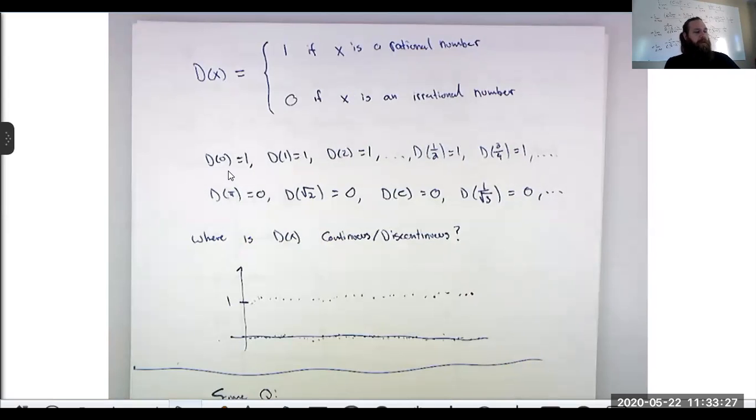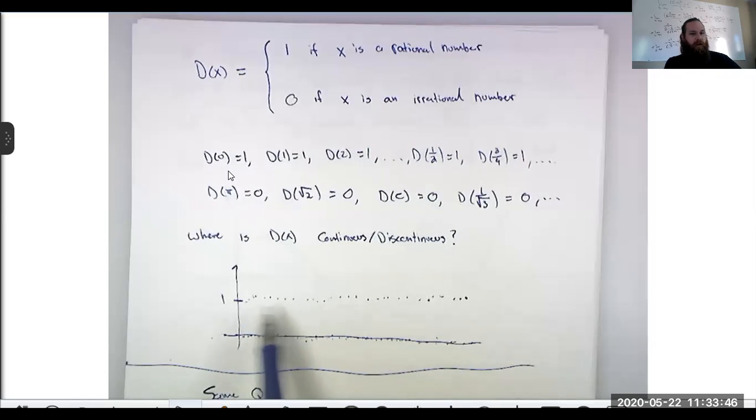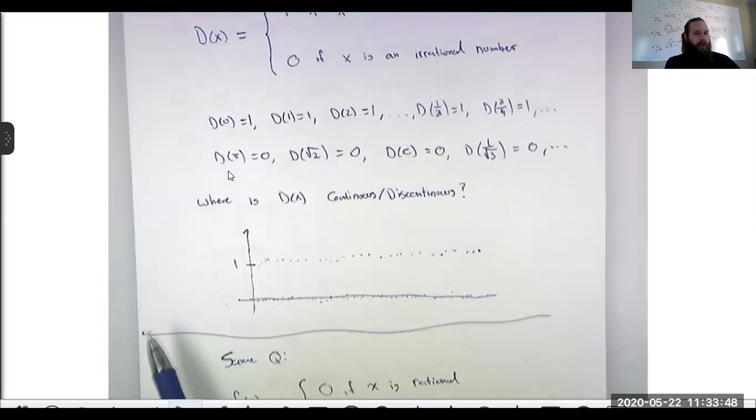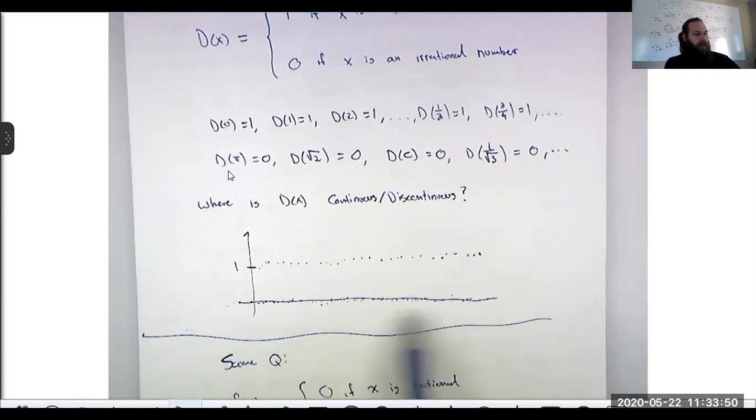But you have an even thicker sprinkling of dust down here along the line y equals 0, because there are way more irrational numbers in the reals than there are rational numbers. So this is a kind of weird looking graph, right? And it turns out neither of these lines are solid. This one is especially not solid because there are not a whole lot of fractions compared to irrationals.